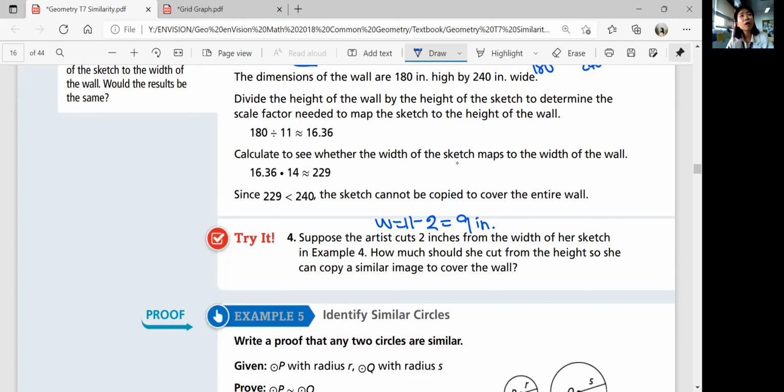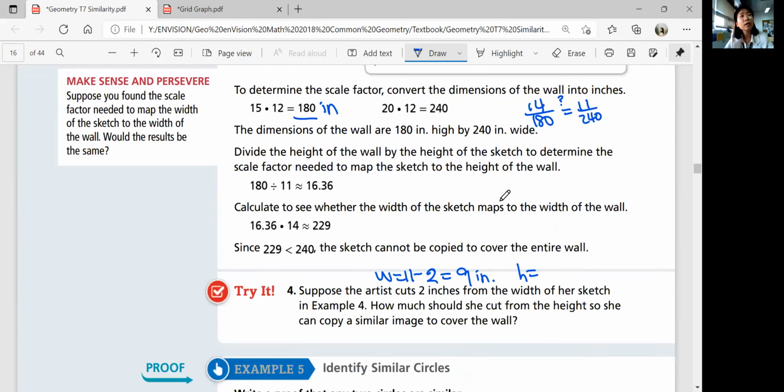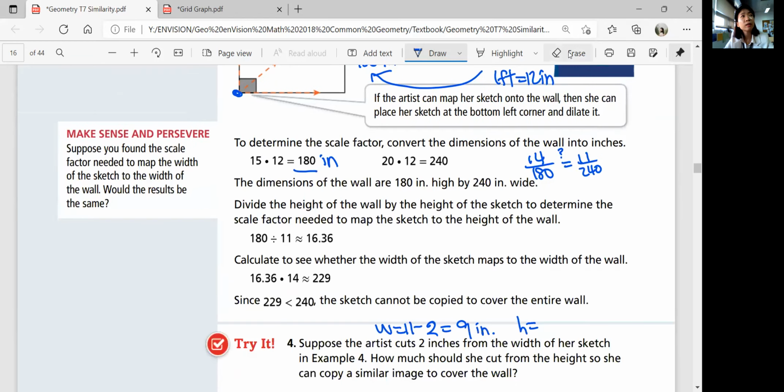And then how much does she need to cut from the height? Wait, width is 14, never mind. Width is 14, minus 2 is 12 inches, and your height is 11. You're finding x so that it's proportional to the wall.